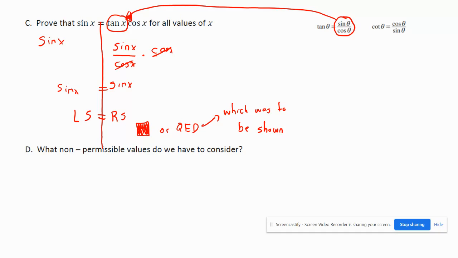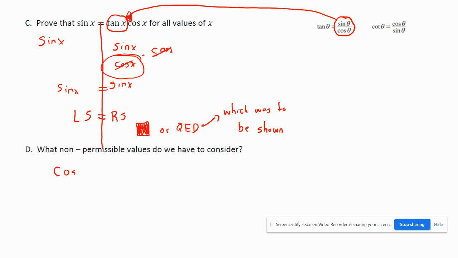Now over here, what non-permissible values do we have to consider? Like we did in Math 20, we spoke about non-permissible values quite a bit. Looking at the cos x, which is in the bottom, we know that tan x has vertical asymptotes, because the bottom of a fraction is not allowed to equal 0.